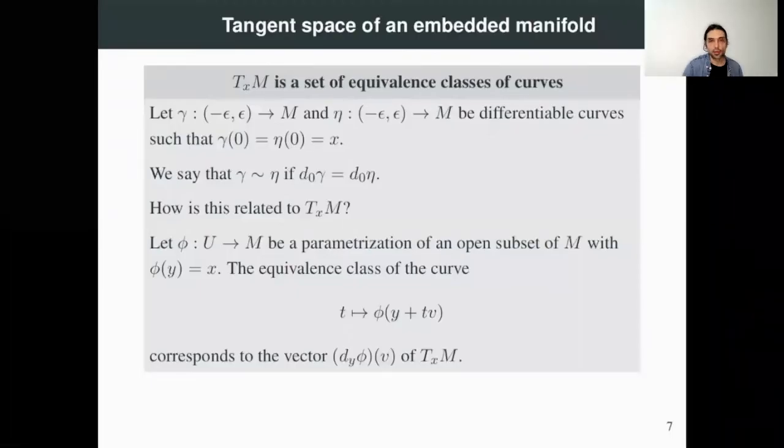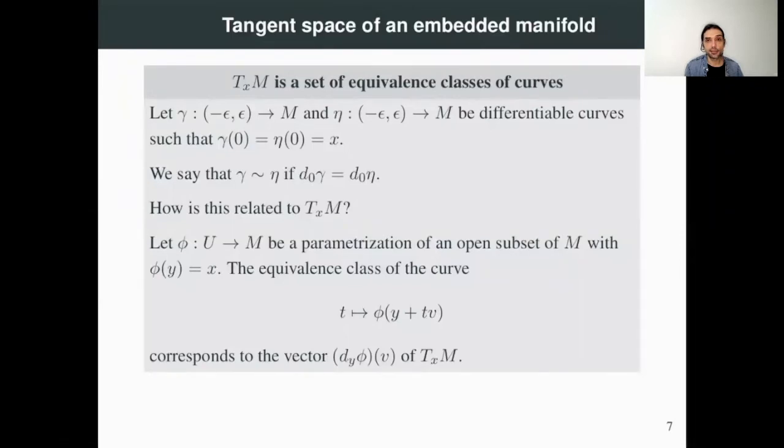Let us introduce an alternative description for the tangent space at a point. We can identify the tangent space of a manifold at a given point with a set of equivalence classes of curves.